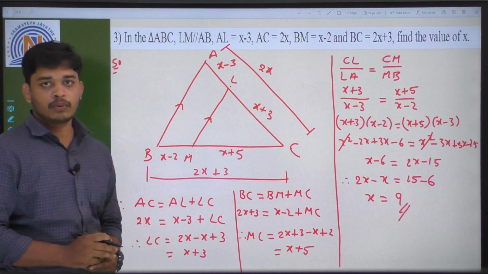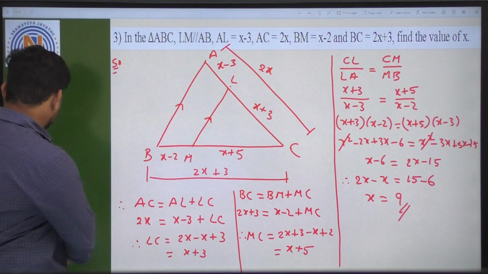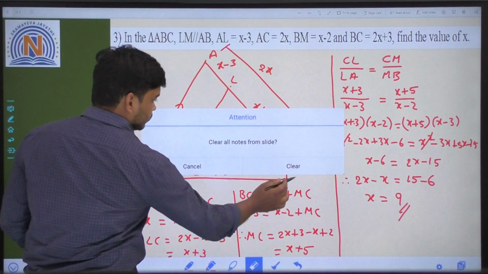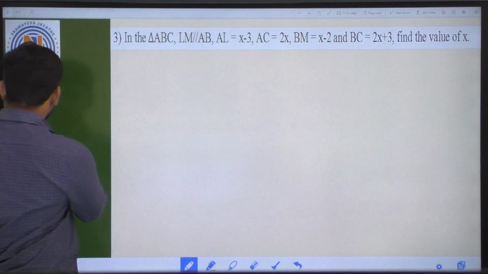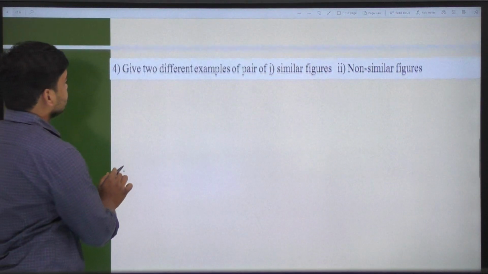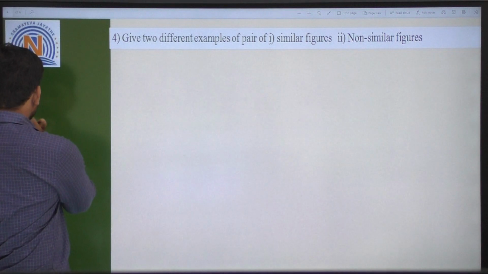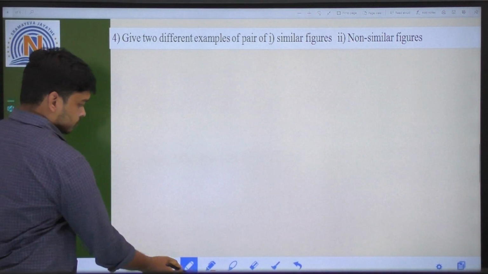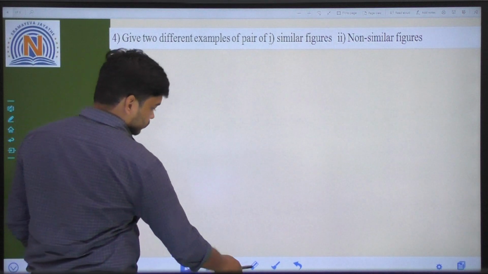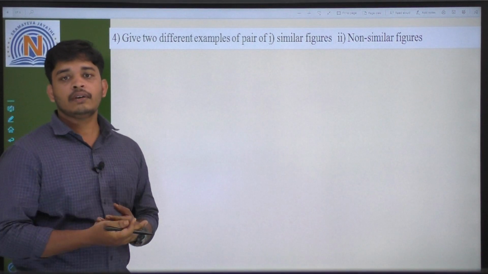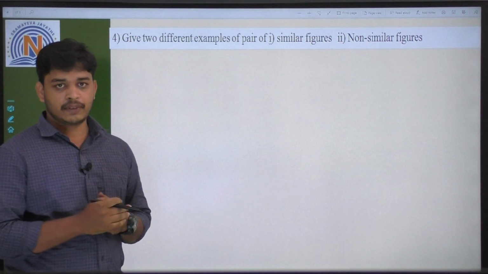Now coming to the next problem. See here, give two different examples of pairs of similar figures and non-similar figures, right?